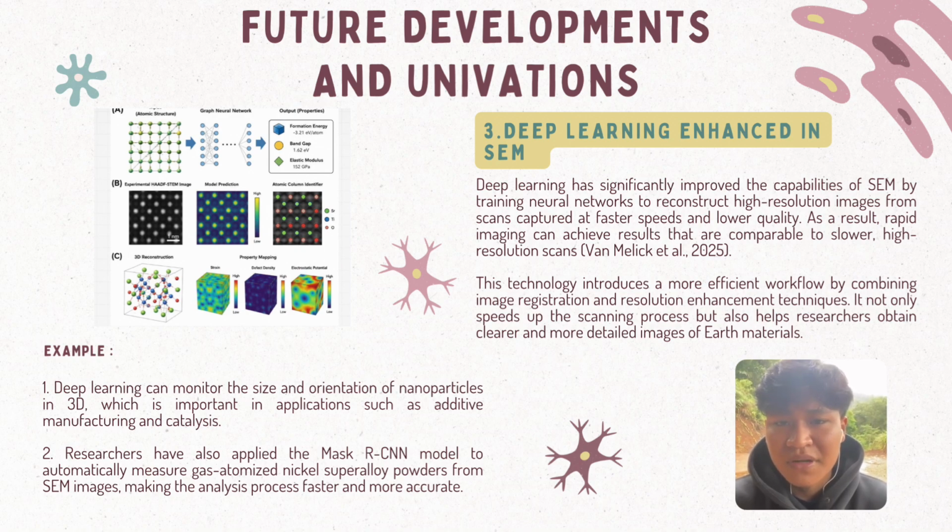A perfect example of this in action is Distiller, which is a web-based platform that links microscope detectors directly to a supercomputer. Instead of a human manually sitting and interpreting data for hours, Distiller automatically processes the incoming images and runs the scientific analysis in the background. It completely removes the bottleneck of manual data analysis, letting researchers focus entirely on the results.